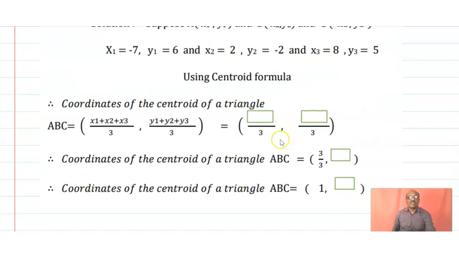By the centroid formula, here minus 7 plus 2 plus 8. And what about the y1, y2, y3? That is 6 minus 2 plus 5.